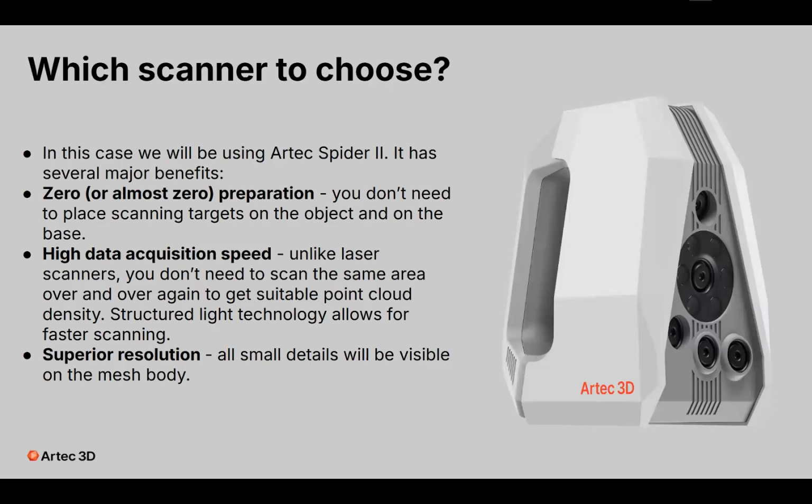And superior resolution. This is very specific to Spider II. It is especially useful when scanning jewelry or something similar, where there is small geometry. We have plenty of materials on our support center, so feel free to check it out.